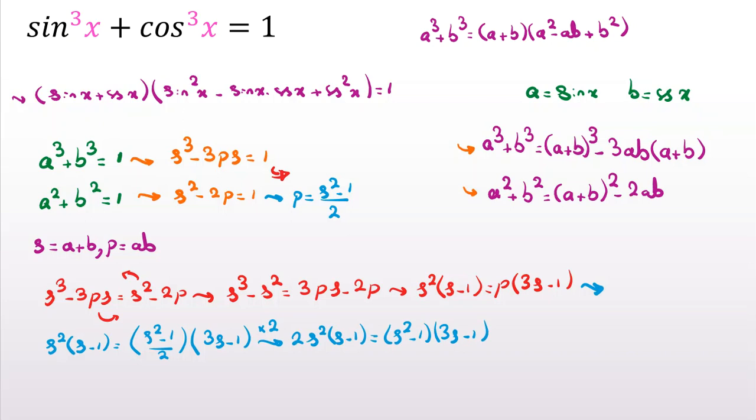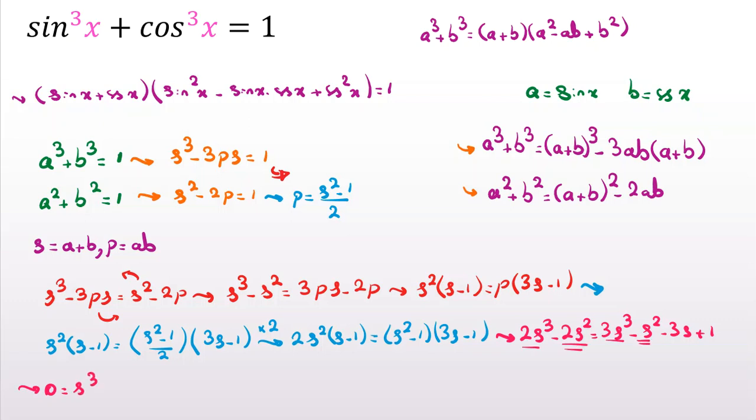Now let's simplify as much as we can. 2s cubed minus 2s squared equal to 3s cubed minus s squared minus 3s plus 1. Now we take all things to the right hand side, 0 equal to 3s cubed minus 2s cubed, which is s cubed.